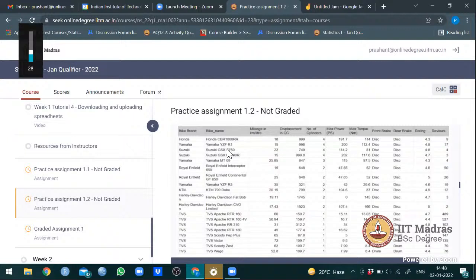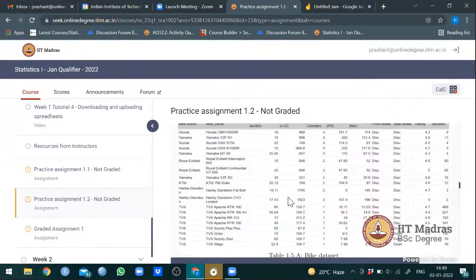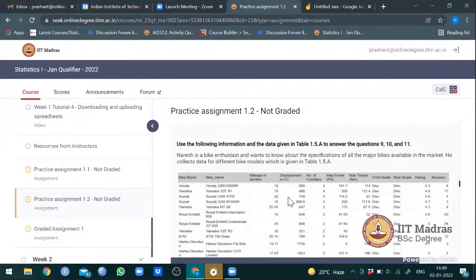Then you go for the next column. See, bike name is unique. If I say Yamaha YZF R1, you know which one. A student says: in the question it's written that Naresh wants to know the specifications of all the major bikes available, not the specifications of bike brands.